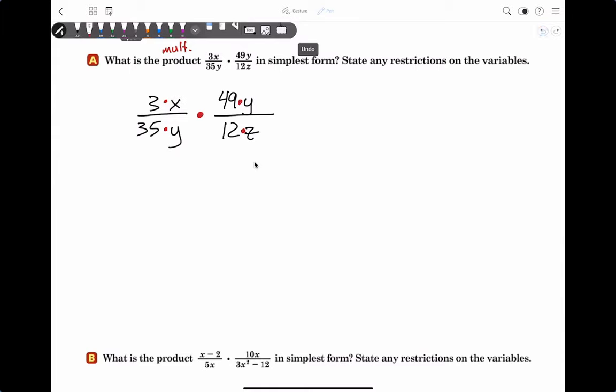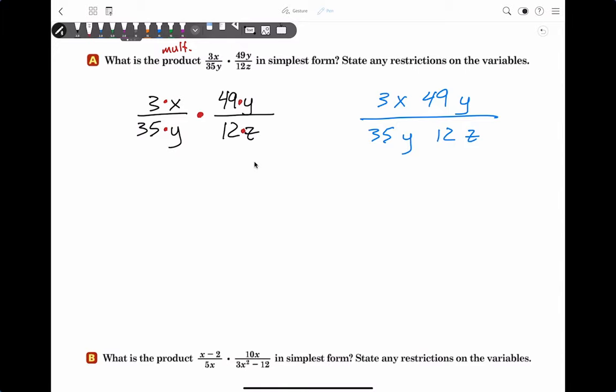So now we're going to go ahead and break up pieces that we can identify right now. Because this is one huge fraction, we can say that what we're really looking at is 3x times 49y all over 35y times 12z.